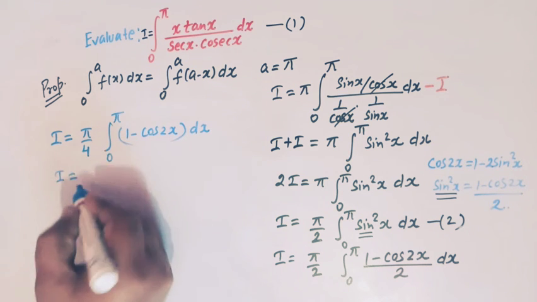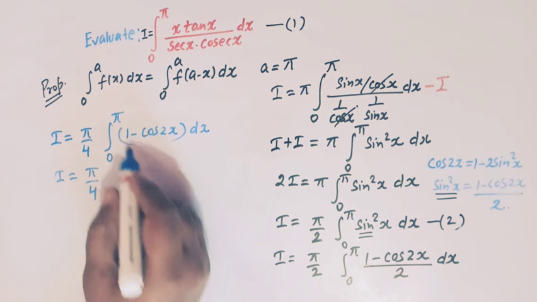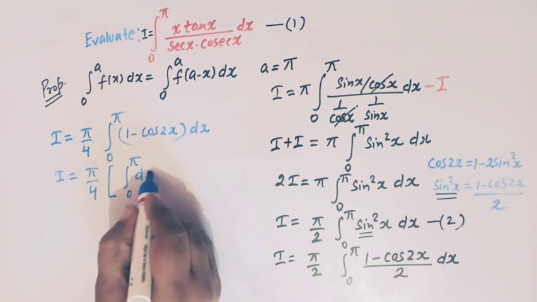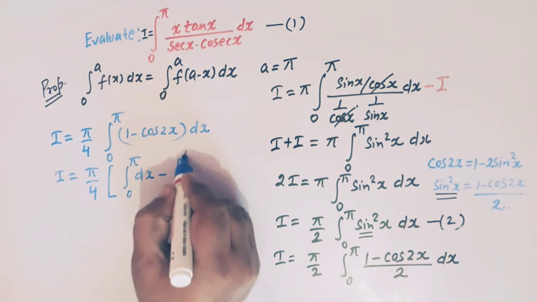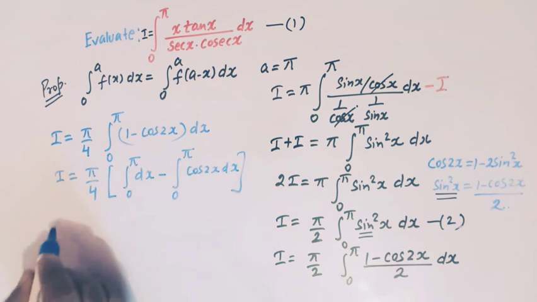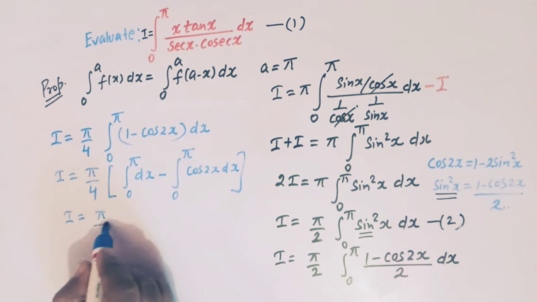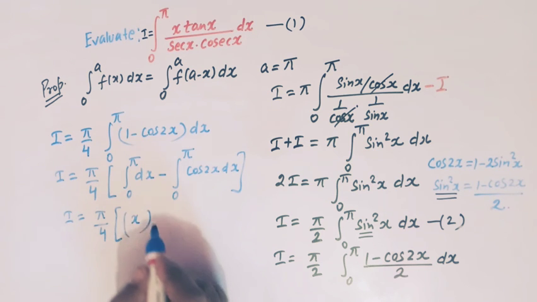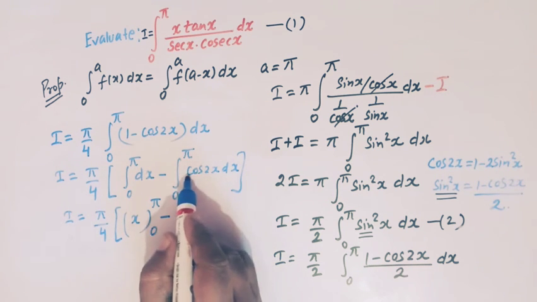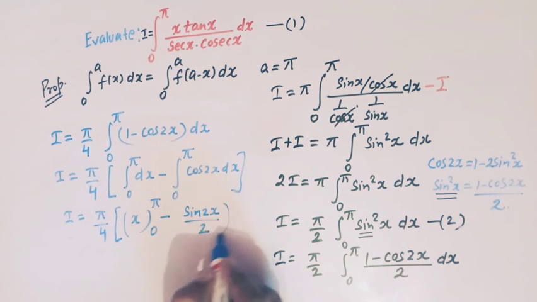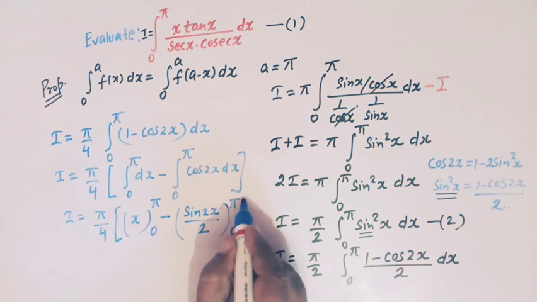Now it can further be written as pi over 4, and the first integral is from 0 to pi of dx, then minus the integral from 0 to pi of cos 2x dx, right? Now I can be easily calculated because the integral of dx is x, with limits from 0 to pi, and the integral of cos 2x is sin 2x divided by 2, with limits from 0 to pi, right?